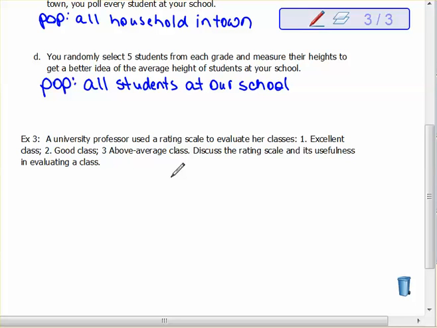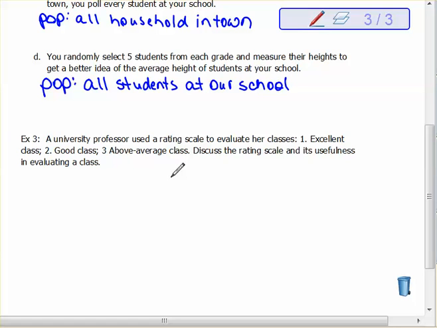We're just expecting that it's going to be above average at the very least. What about just an average class? We're not taking that into consideration. So our scale here is not a good representation of all the possibilities of outcomes. So we have to be very careful about doing that. This would not be a good way to use the rating system.